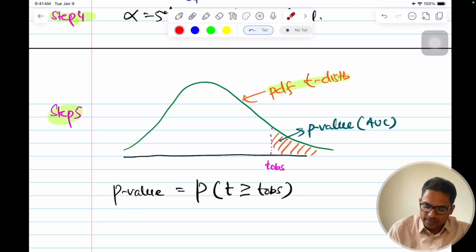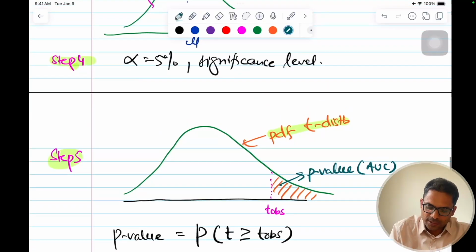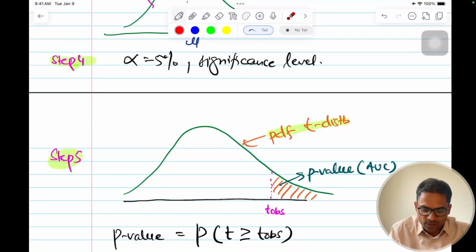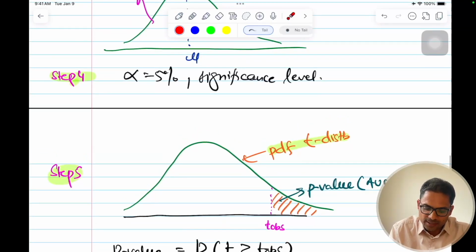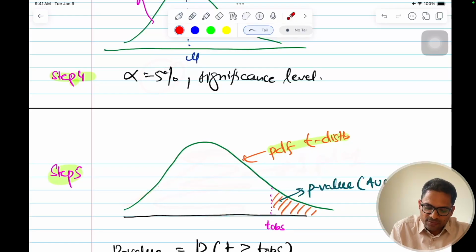Say for example this area under the curve comes out to be, so there are only two possibilities: either it can be less than 5% or greater than 5%. Also we have to find out where this 5% lies. The complete PDF area is 1, so where will the 5% line lie, so that the area beyond this is 5%?